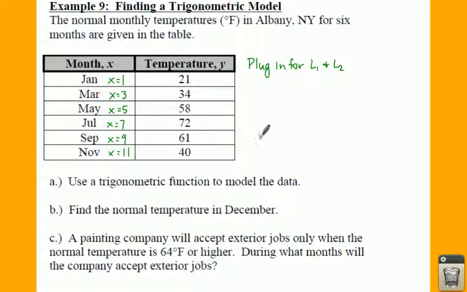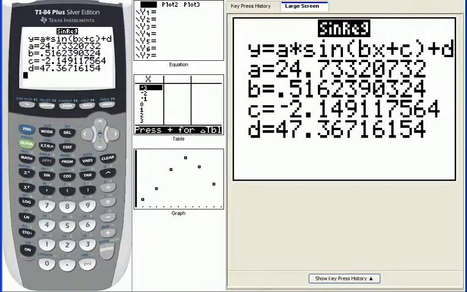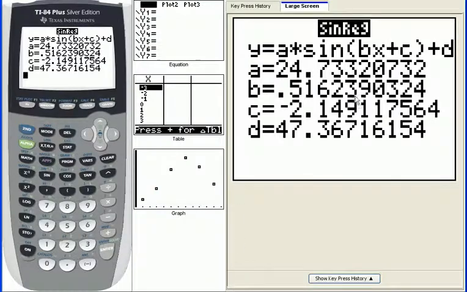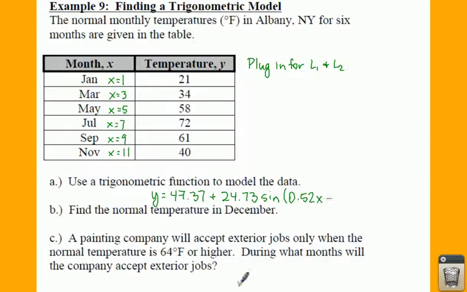So y equals 47.37 plus 24.73 sine of, and then parentheses, 0.52x minus, because this is a plus sign here and a negative, 2.15.